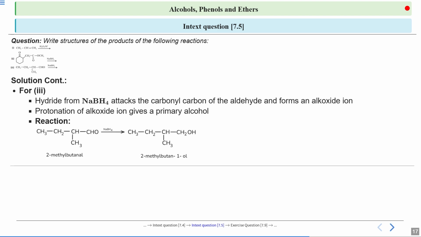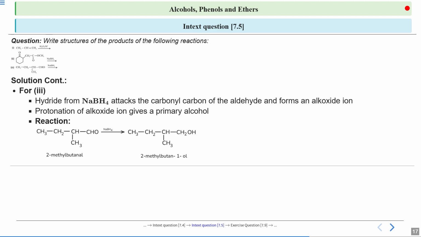If you talk about the reaction, you can see that we have this reactant 2-methylbutanal, that is an aldehyde, with the 'al' at the end of the name representing an aldehyde. And also there is CHO present, that means it is an aldehyde. It reacts with sodium borohydride. The hydride from the sodium borohydride attacks the carbonyl carbon of CHO, the aldehyde, and forms an alkoxide.